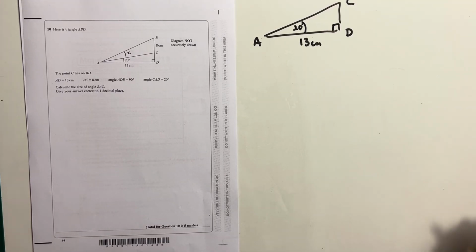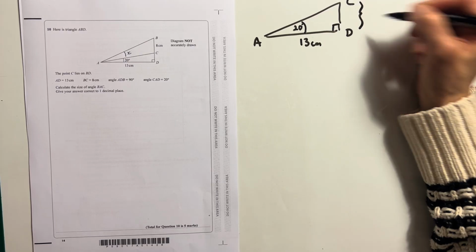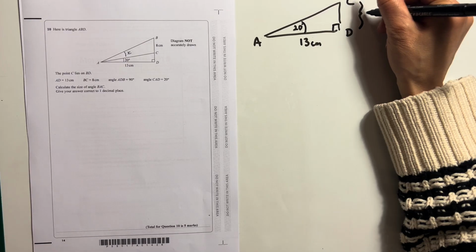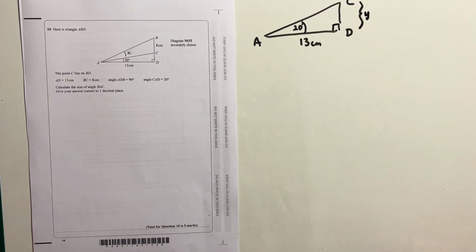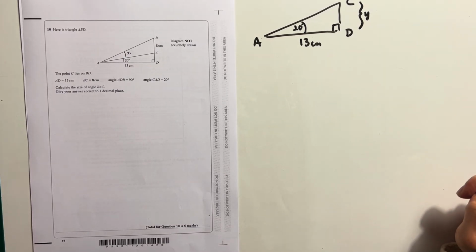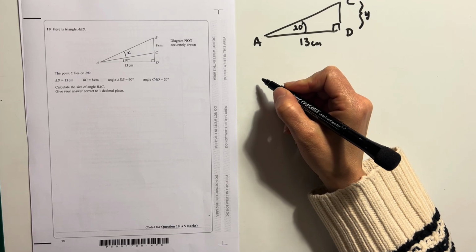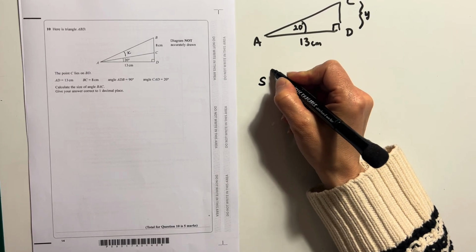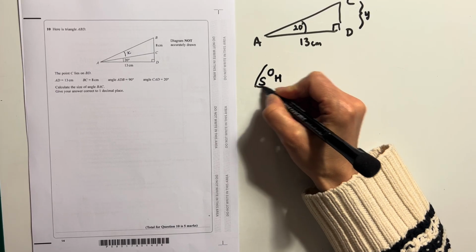So the first thing we're going to try and do is work out this length here, and we're going to call that Y. So we're going to need to use trigonometry here. We've got one length and an angle, and an unknown length that we're trying to find. So first of all, we write our formula triangles.